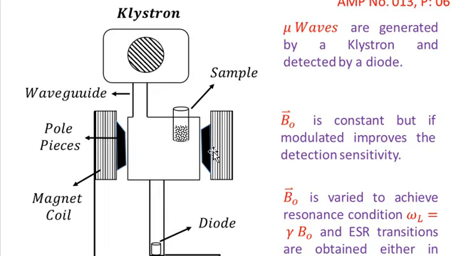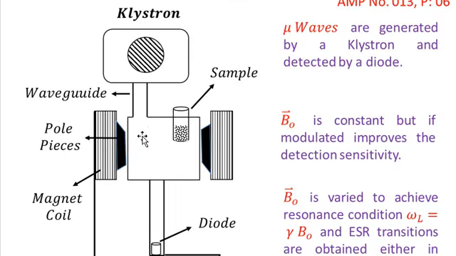The pole pieces and the magnetic coils of this magnetic field are shown, surrounding the resonant cavity. It means that we are applying the magnetic field to this sample, which may contain solid samples.